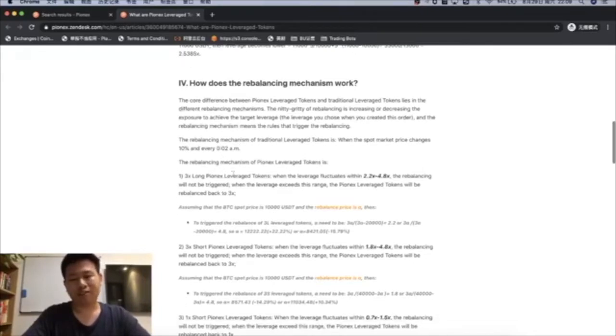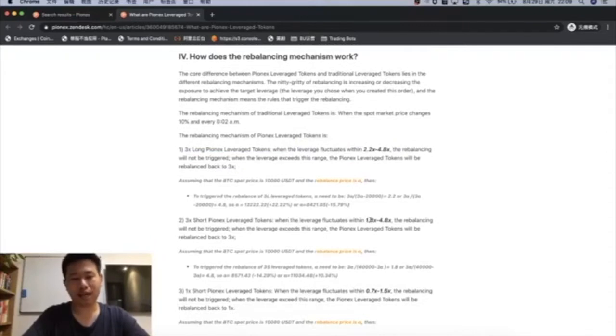We have set the leverage range from 2.2 times to 4.8 times for the 3 long leverage tokens, and 1.8 to 4.8 times for the 3 short leverage tokens. Let's take the 3 long leverage tokens for example.